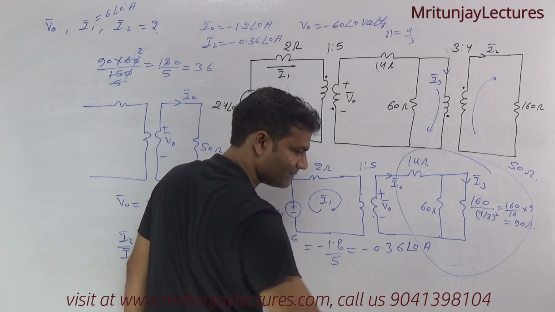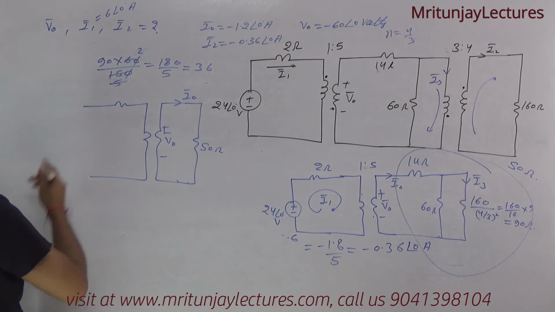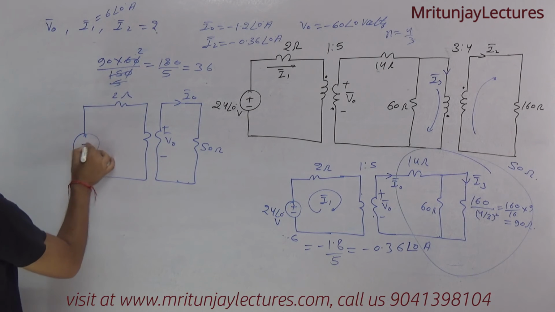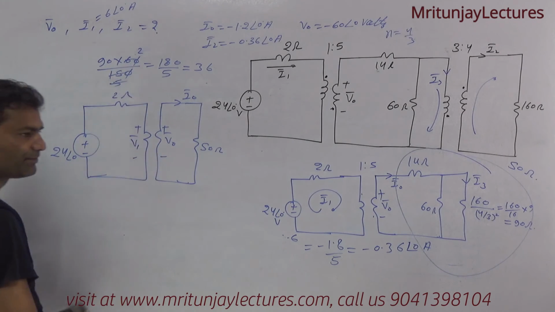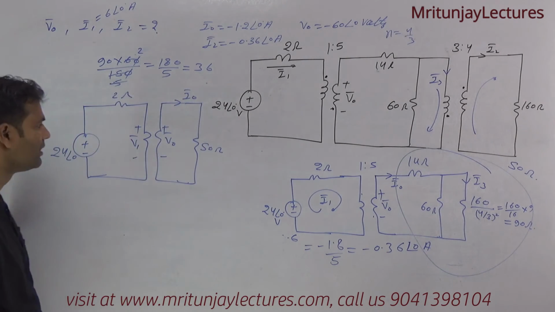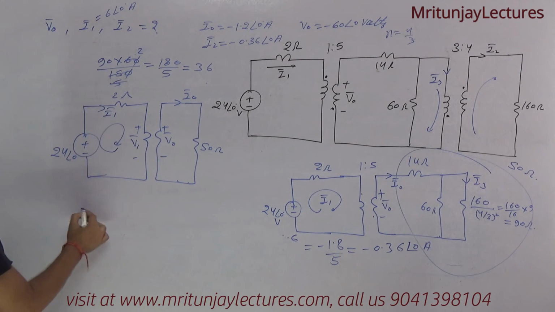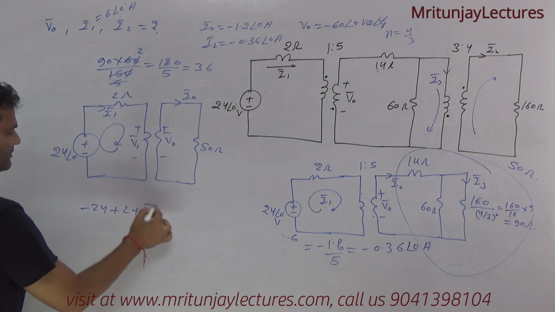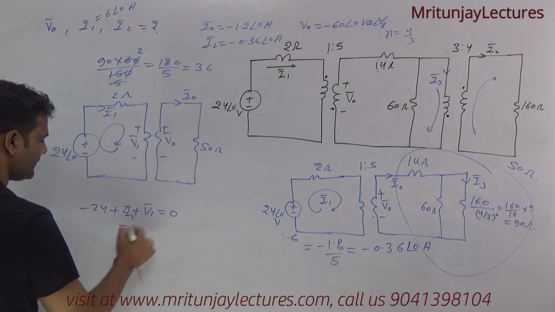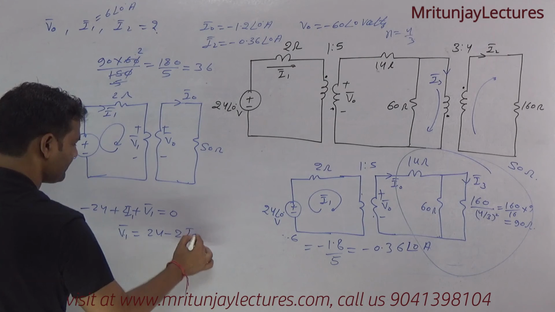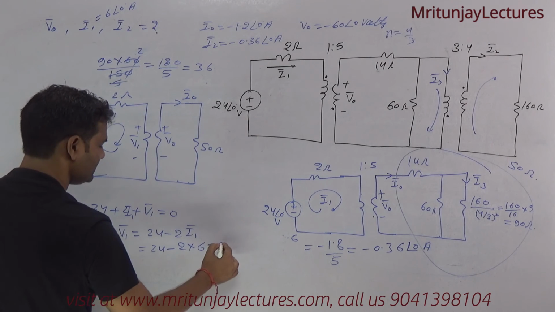You can solve it by another method also. Suppose this voltage is V1. How can we determine V1? With the help of KVL: minus 24 plus 2 into I1 plus V1 is equal to 0. So V1 is equal to 24 minus 2 I1, with I1 equal to 6, that is 12 volt.